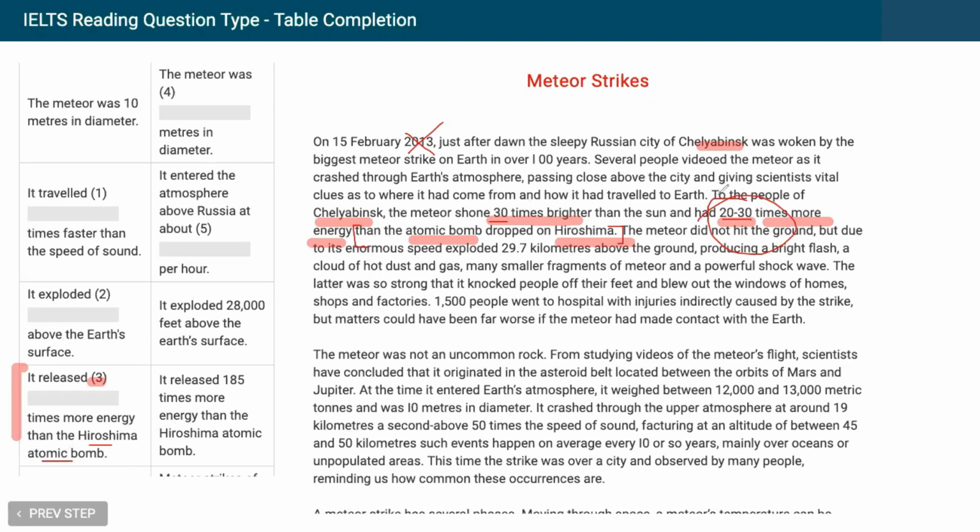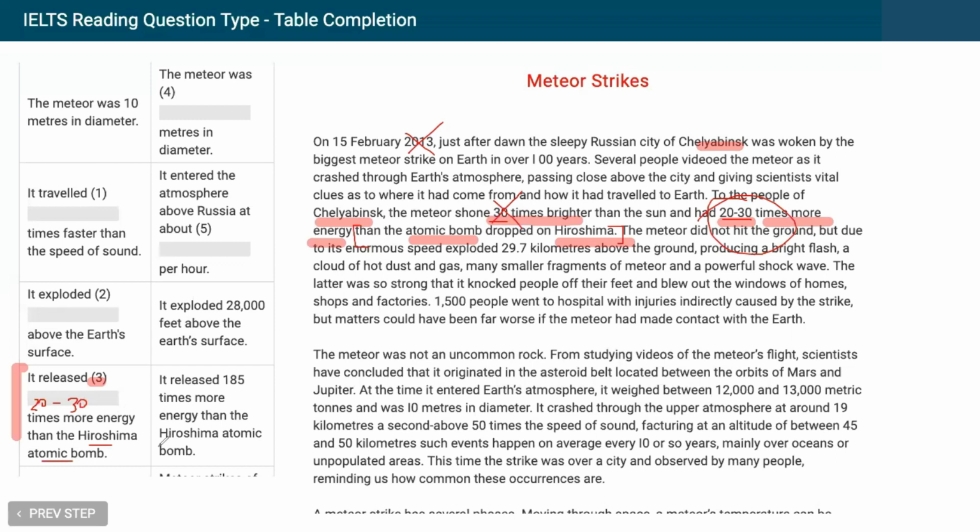Not just 30, but 20 to 30, because 30 is talking about how much brighter than the sun the meteor was. So not 30, don't fall for that trick. Number 3 would be 20 to 30. That is the correct answer.